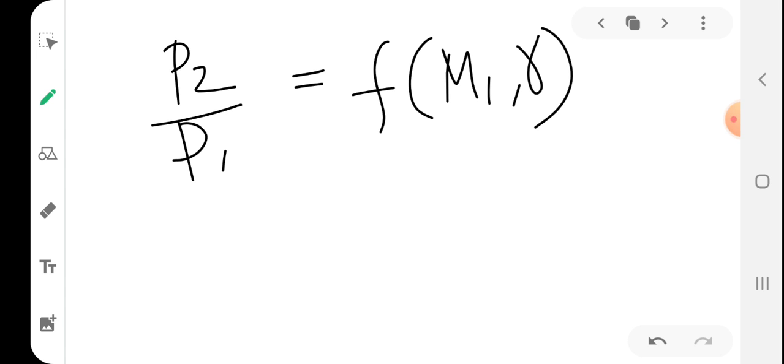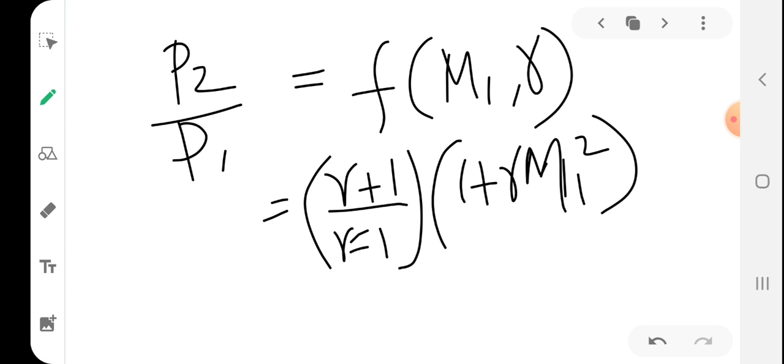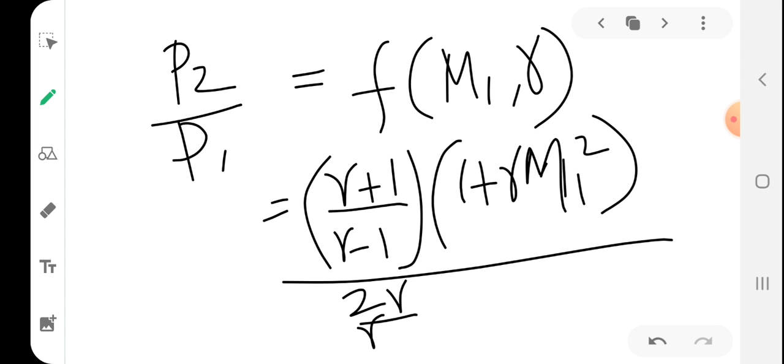Do you remember the equation for P2 by P1? It is gamma plus 1 by gamma minus 1 into 1 plus gamma M1 square by 2 gamma by gamma minus 1 M1 square minus 1.